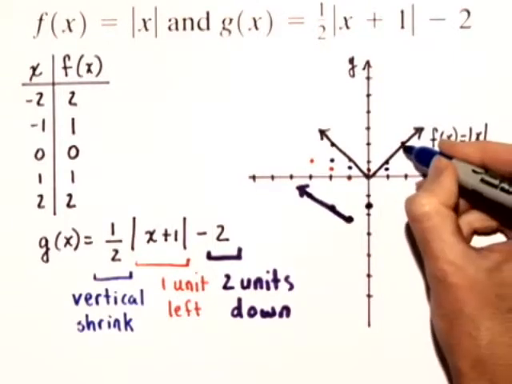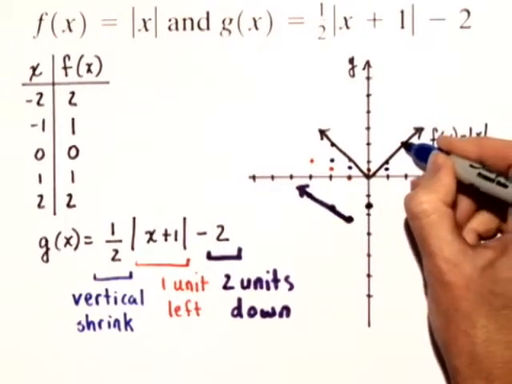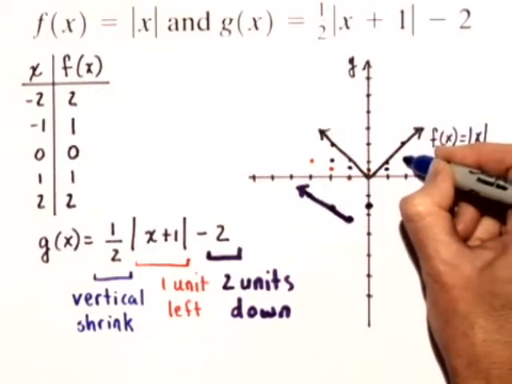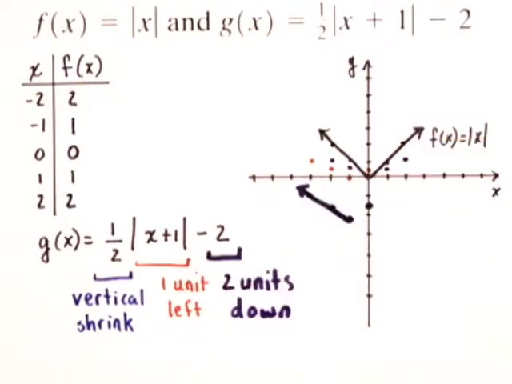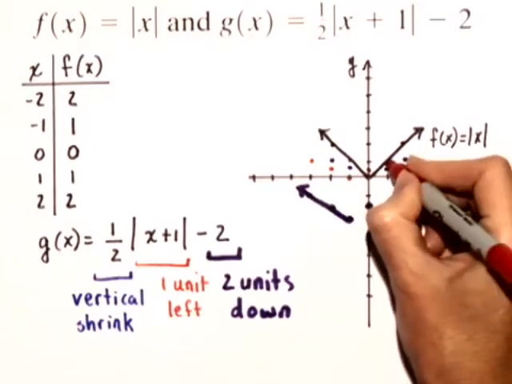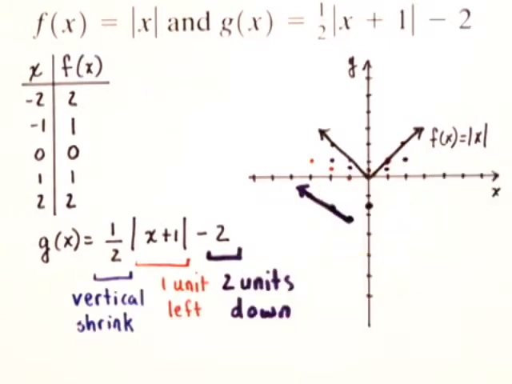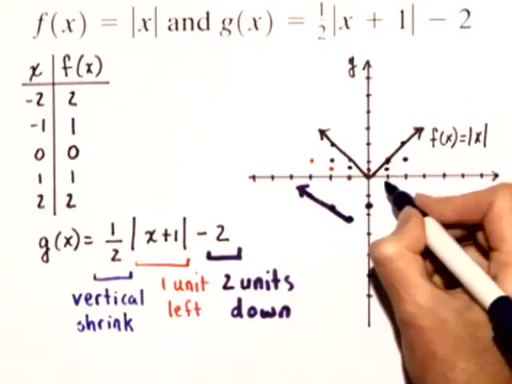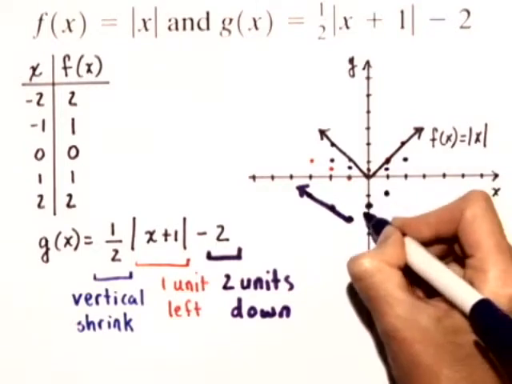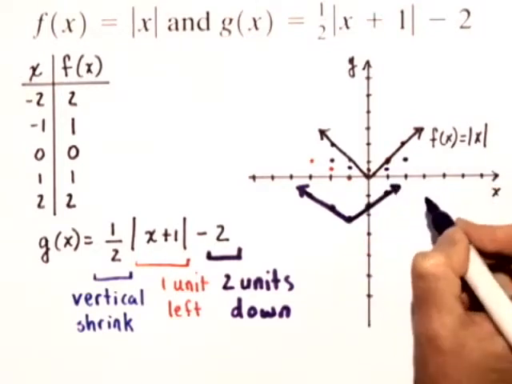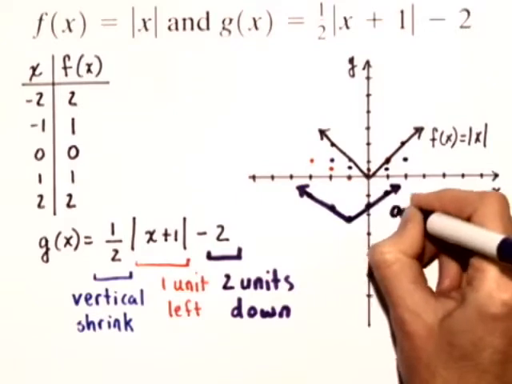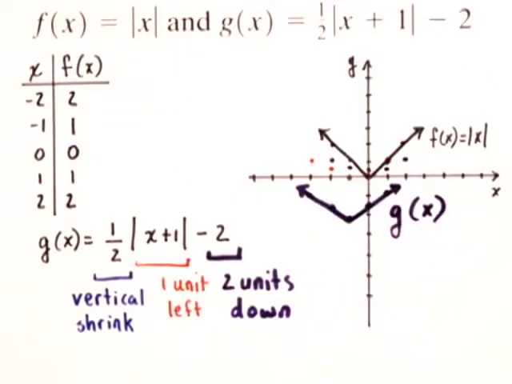It has a vertical shrink, so my y-coordinate is half as large. My horizontal shift is 1 unit to the left, and finally down 2 units, 1, 2. And here is a picture of the graph of g of x.